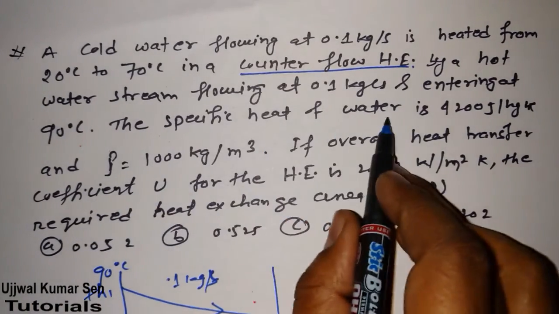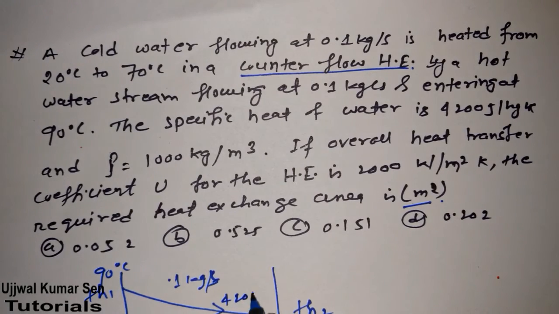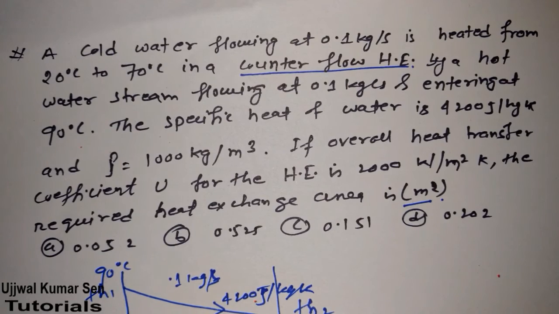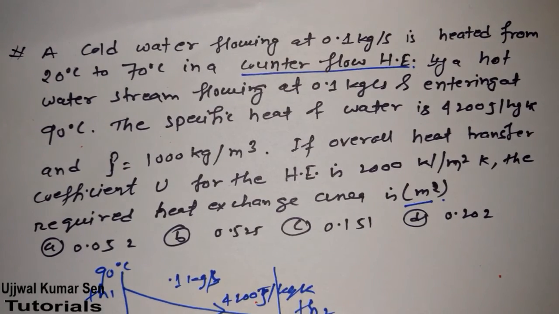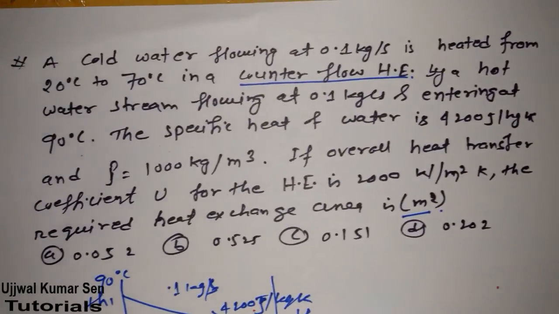The specific heat of water in both cases is the same, 4200 joule per kg Kelvin. So don't need to panic, because in both cases we have the same value, right?